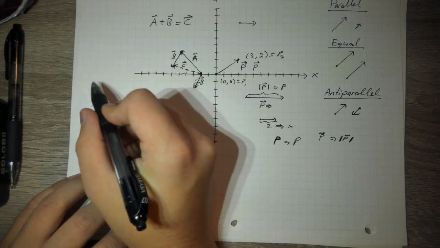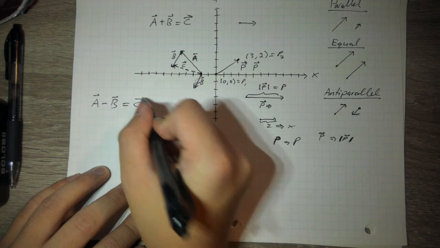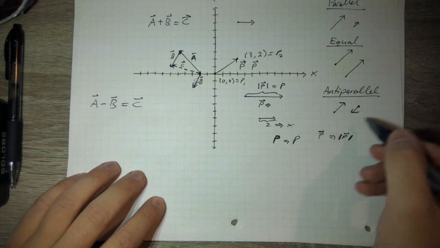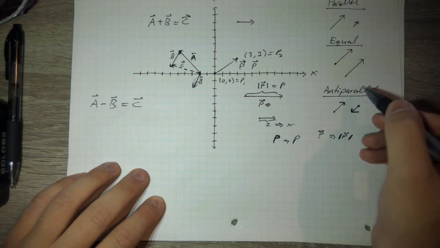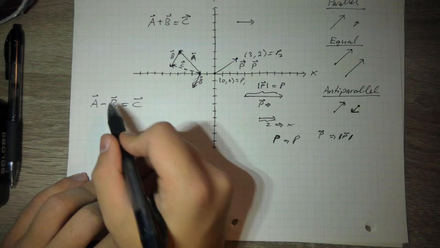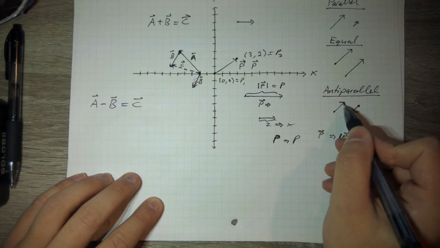What if we want to subtract two vectors? Well, this is similar. What we do is we note that a negative vector is the same as the antiparallel version of the vector.